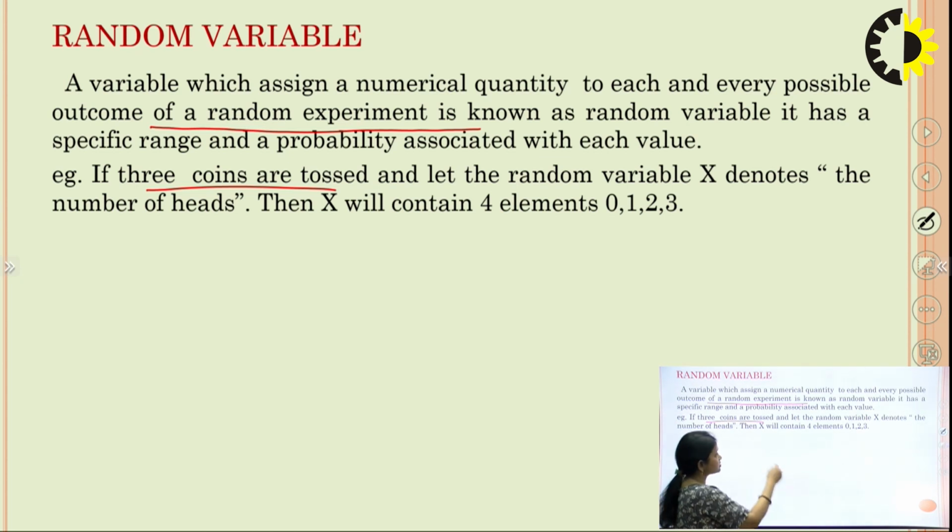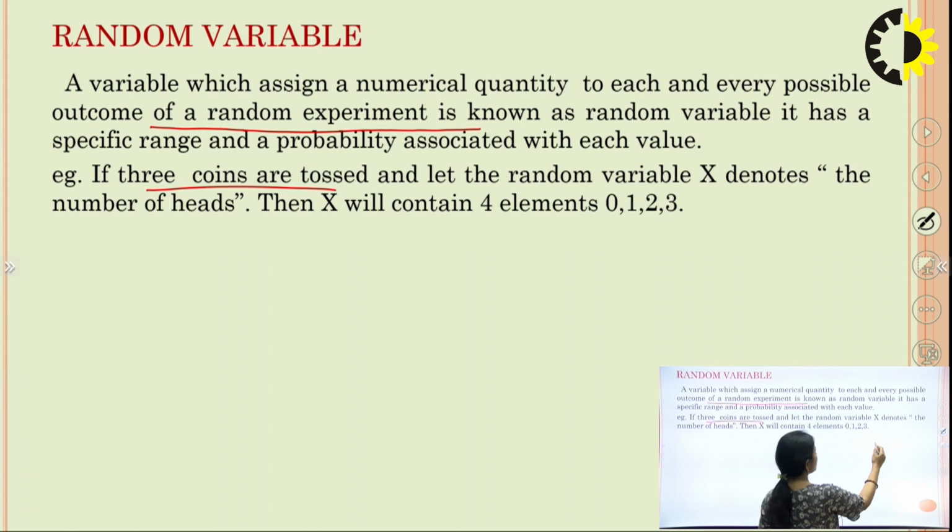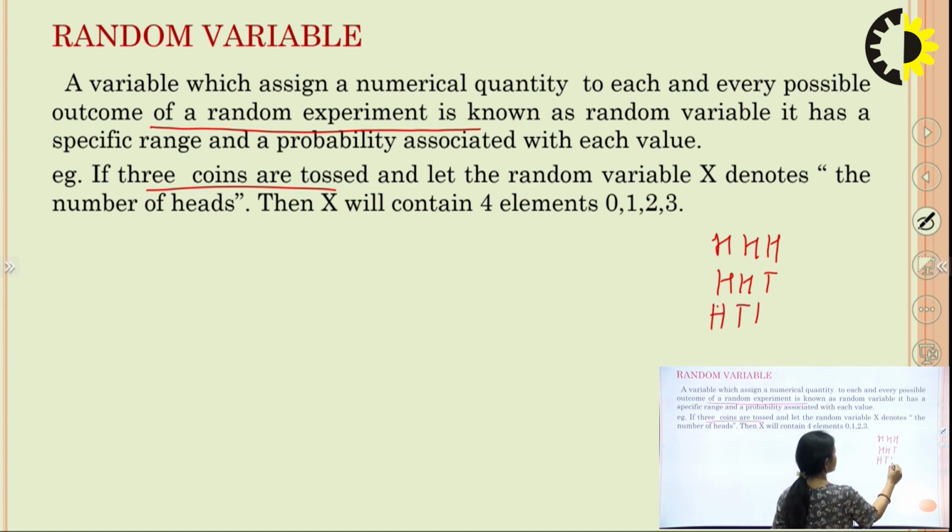Then, in this experiment, the possible outcomes will be: we can obtain head, head, head on all the coins, or head, head, tail, 2 heads and 1 tail, or the third possibility is head, tail, head, and the next possibility can be this.